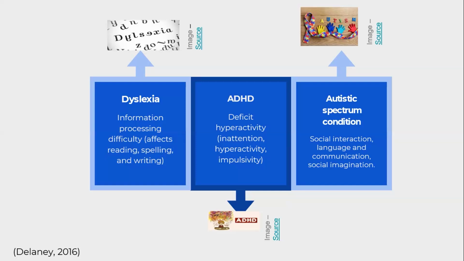Students might have difficulties with three areas: attention, hyperactivity and impulsivity. We might notice ADHD students make careless mistakes, they are easily distracted, they seem not to listen, they do not follow instructions. Again, they might have issues with concentration and attention.